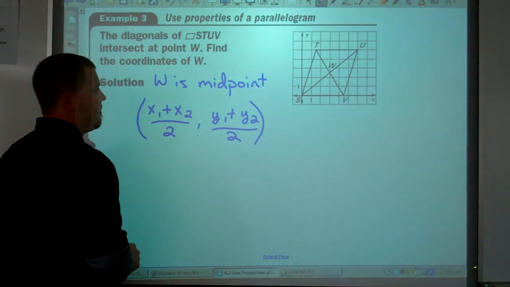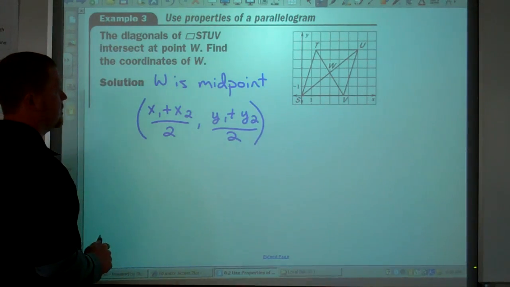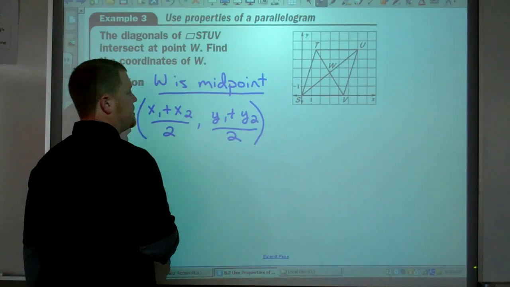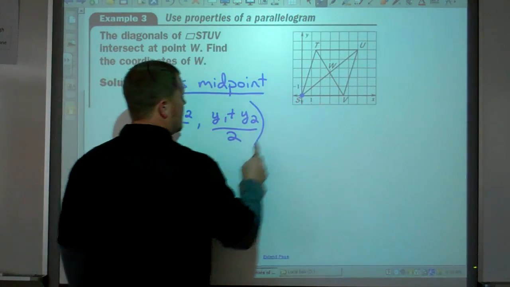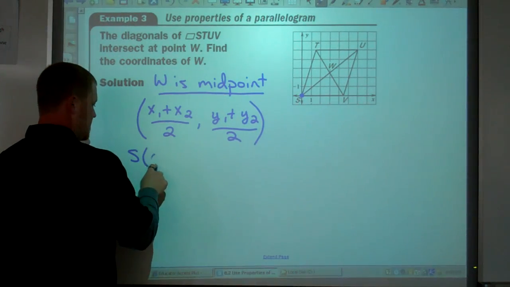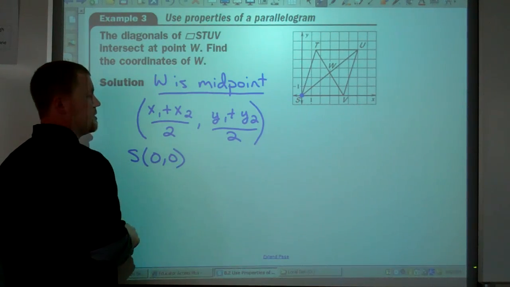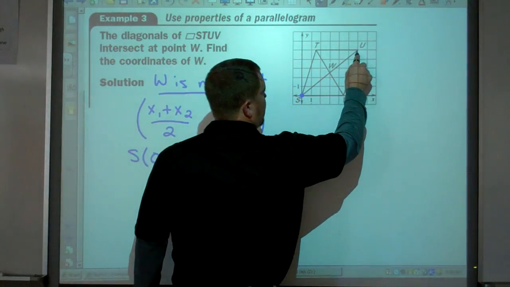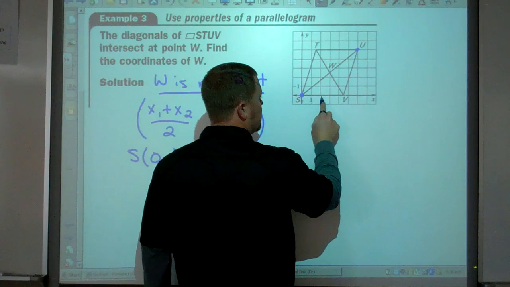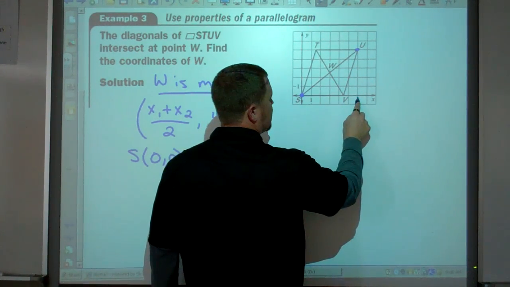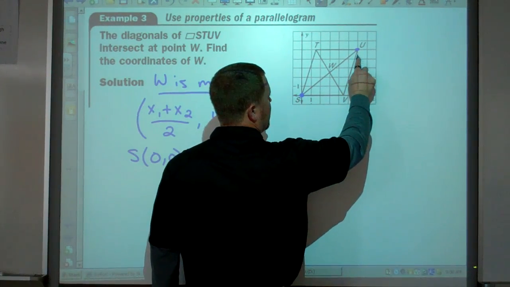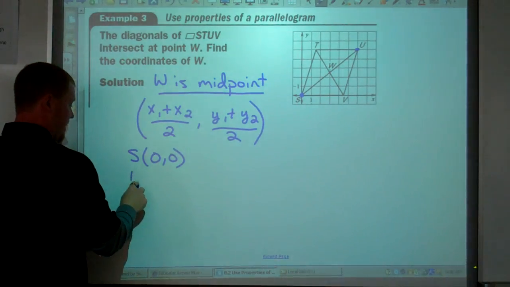We want to find the coordinates of the midpoint, point W. I'm going to use point S, because point S is 0, 0, and I love using zeros. And point U, which is at 6 over and 5 up. So point U is at 6, 5.